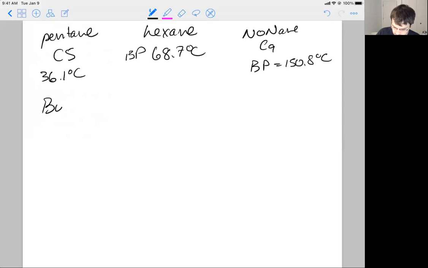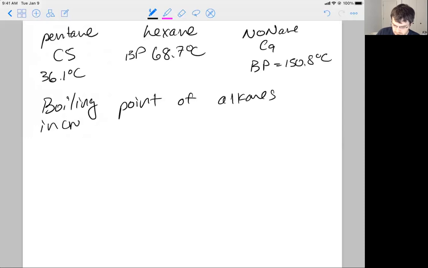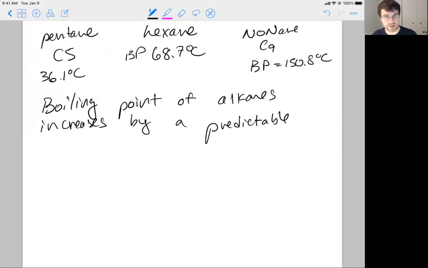So the boiling point of alkanes increases by a, well, it's predictable enough. And whether it's 30 or 40 degrees Celsius, you think about there's going to be some error in certainly a trend like that for this type of pattern.